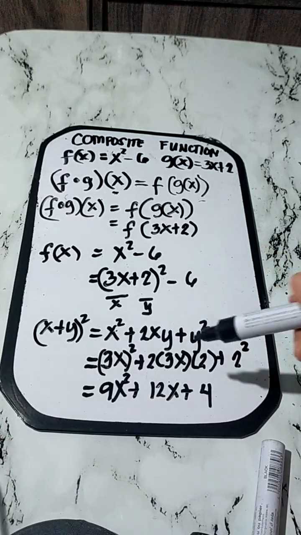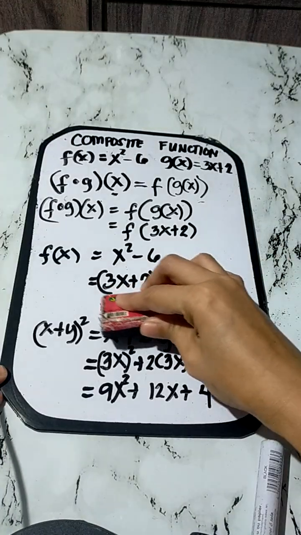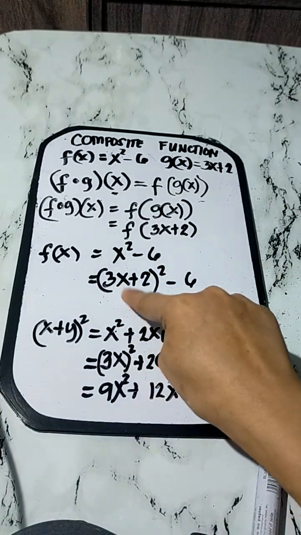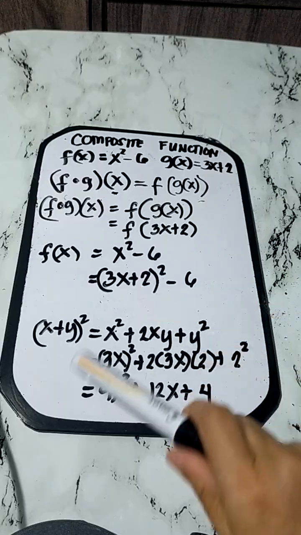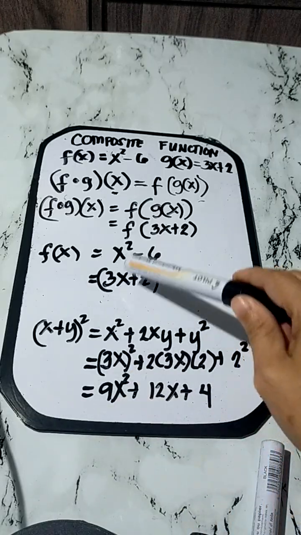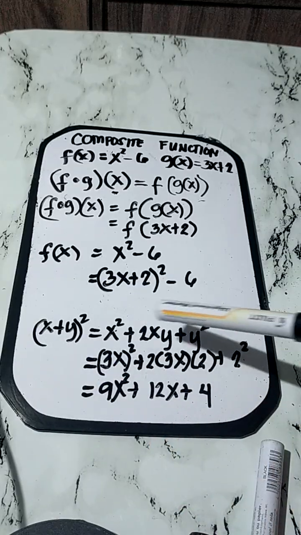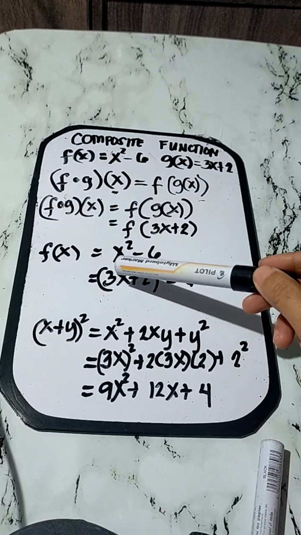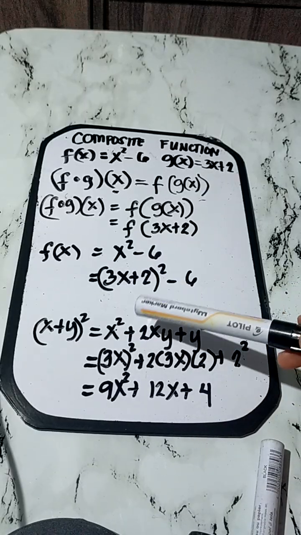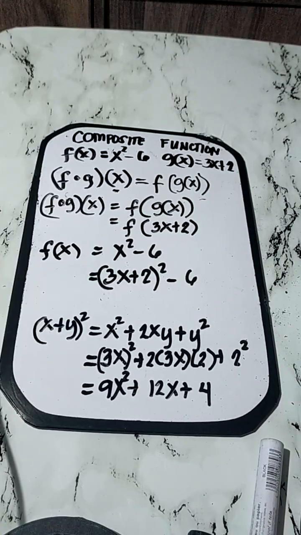Now we replace it with the answer itself. To get this answer, we used this formula. This is our x and this is our y, and we just substituted all the variables: 3x, the exponent 2, the value of x and the value of y, plus the value of y squared.